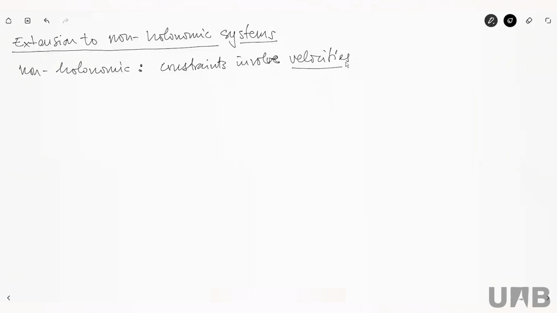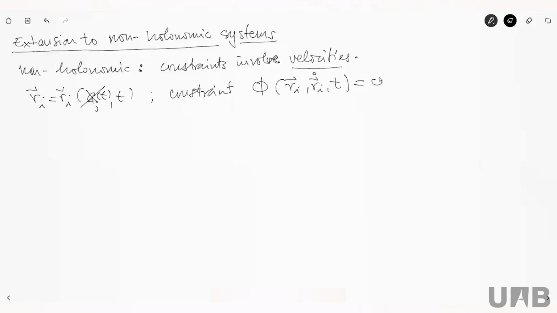Okay, and then what do we do? We cannot write r_i in terms of q_j and t. This we cannot do because there are constraints, okay? There can be a constraint that now is going to involve velocities, right?